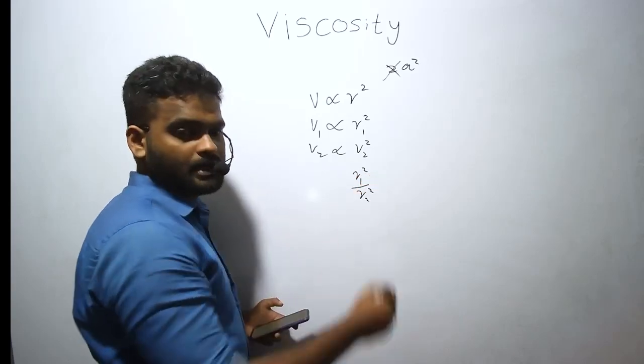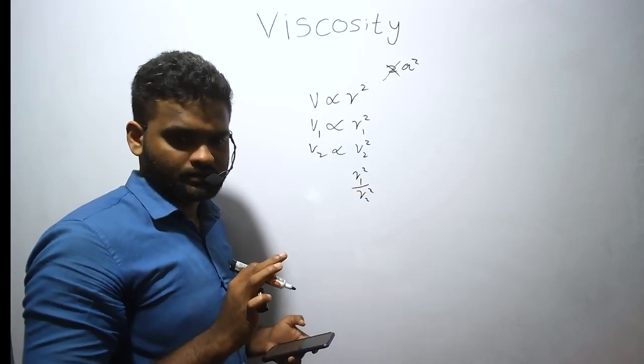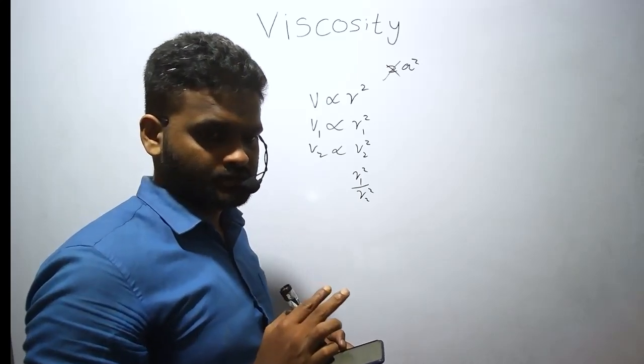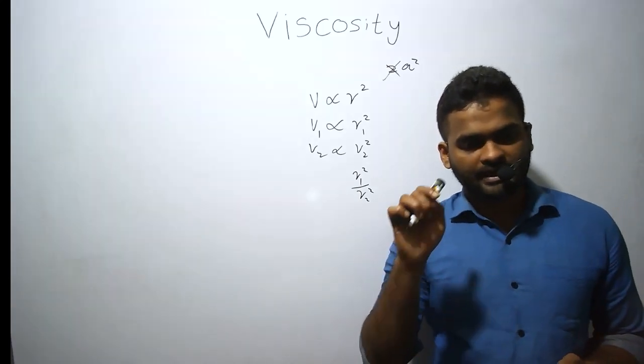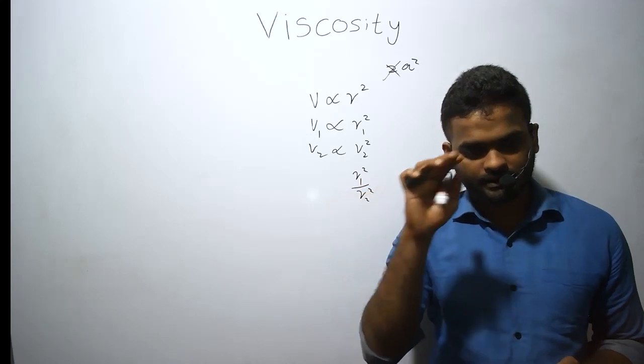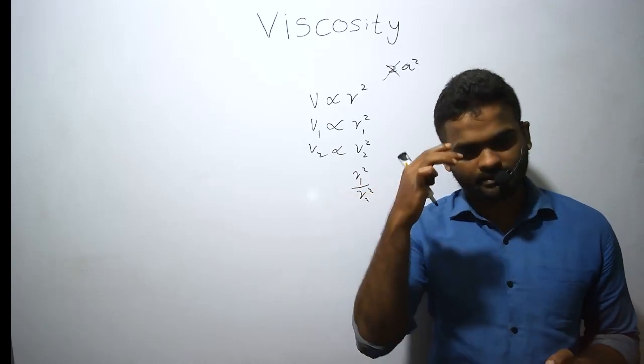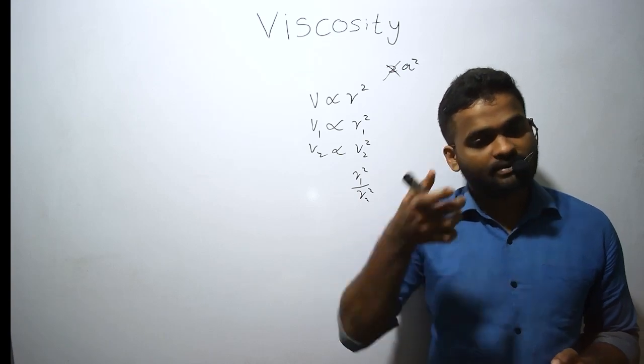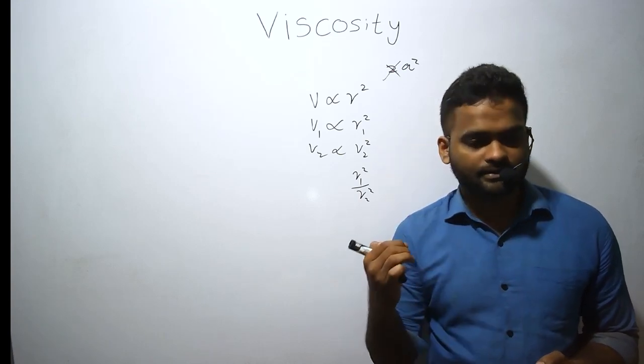R1 squared divided by R2 squared. Understood? Third one, right? Not the other way around. The ratio should be in order. If you divide first one, second one, then the other side also first one, second one. If it is inversely proportional, then second one, first one, right?